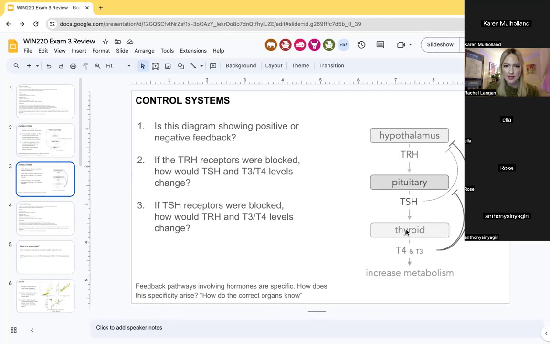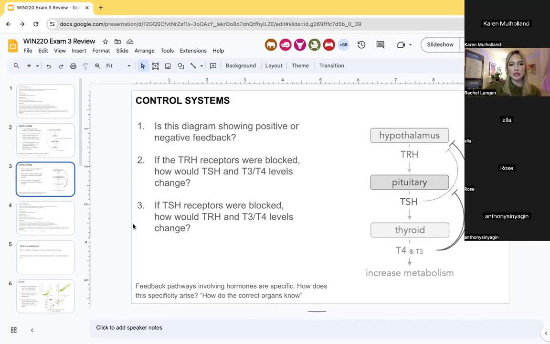So if there's fewer TSH receptors on the thyroid, then that's going to cause T4 and T3 levels to go down, and that will cause less inhibition of the hypothalamus and pituitary. And if there's less inhibition of the hypothalamus, then there should be more TRH. So kind of working through that thought process is what you'll be expected to do on the exam.